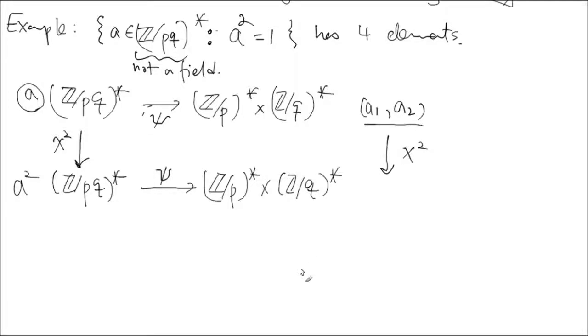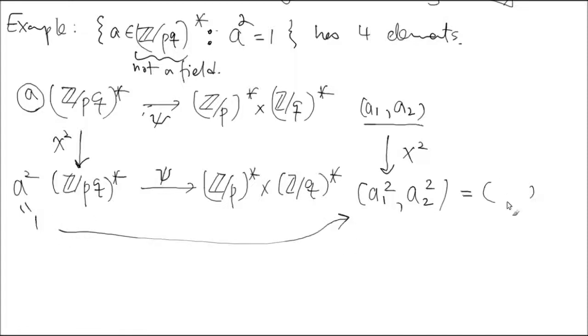So where is this arriving here? A1 squared and A2 squared. Reducing modulo behaves really nicely with the arithmetic. And we want to know when this one is 1, right? Is that what we want to know? So when is this 1? 1 goes to where in the Chinese remainder theorem? This is 1, and that's 1.